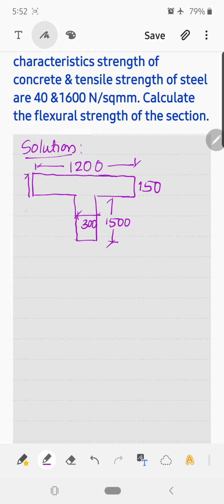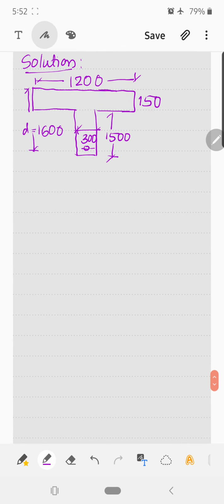Effective depth is 1600 mm. Now, very first, we don't know whether the neutral axis lies within the flange or not. First you assume neutral axis lies within the flange.